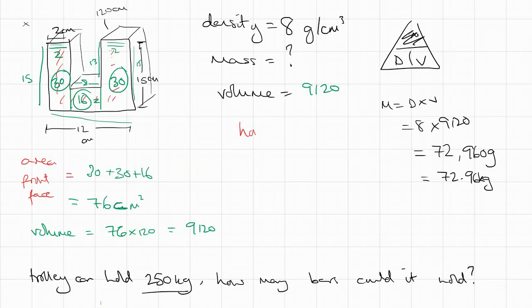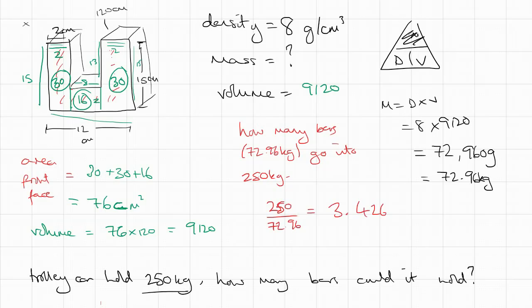We need to check how many bars, which are 72.96 kilograms, go into 250 kilograms. The way I do this is I take the value I'm checking and I divide it by the weight of it. That is going to give me 3.4265.